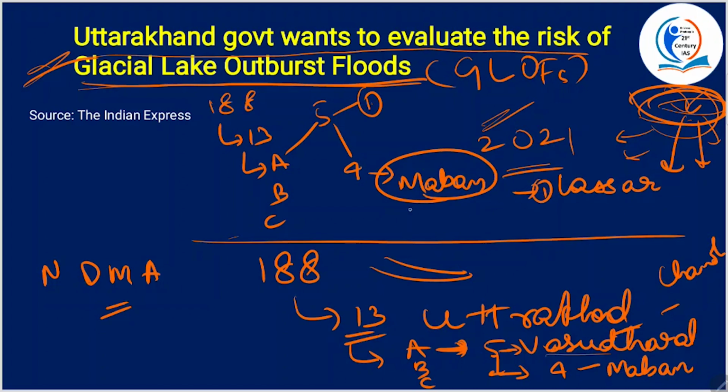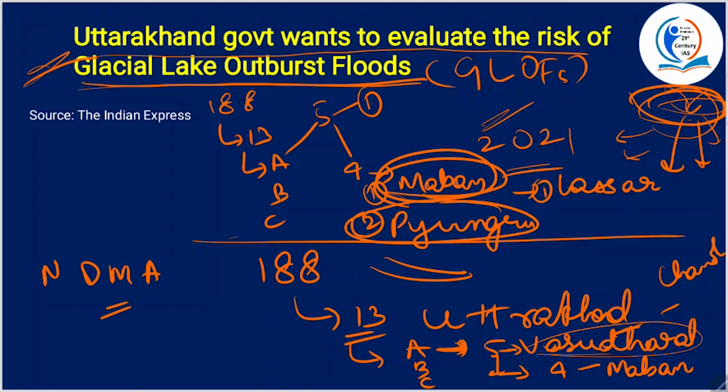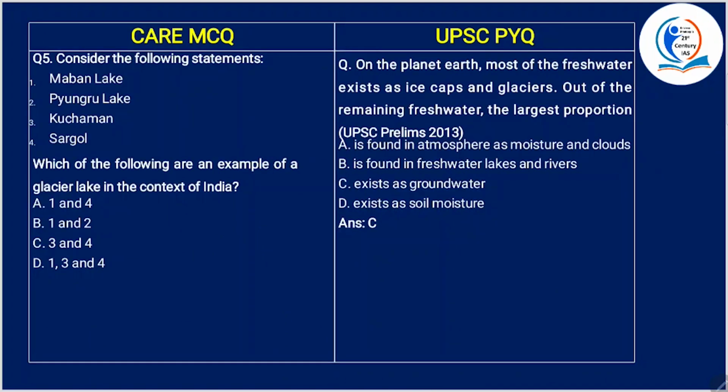The second is Pyongru Lake in the Dharma Basin, and then again in Dharma Basin there's another unclassified lake, and another unclassified lake in the Kuti Yangti Valley. So remember the lakes' names: Vasudharatal, Maban, and Pyongru.